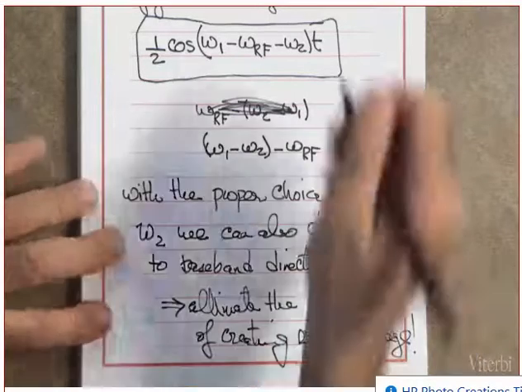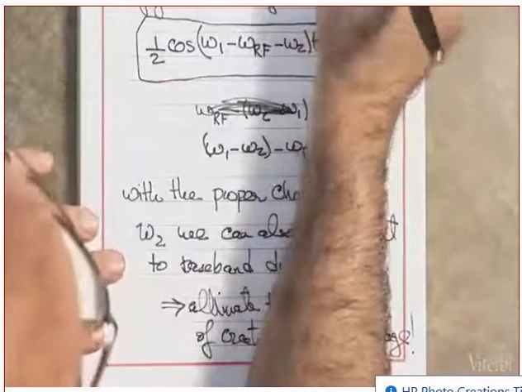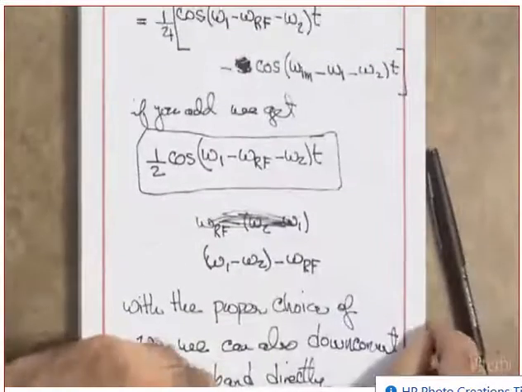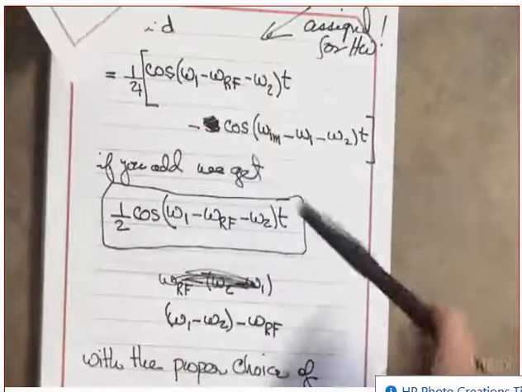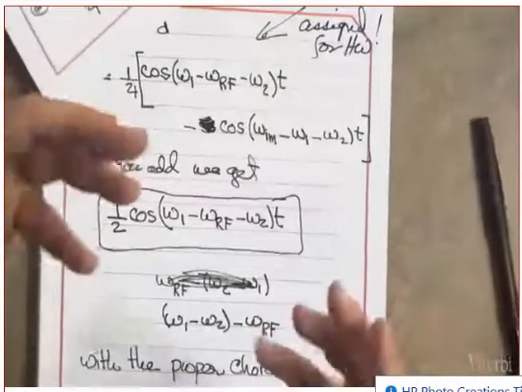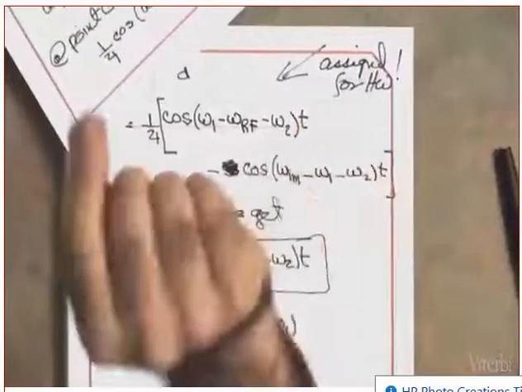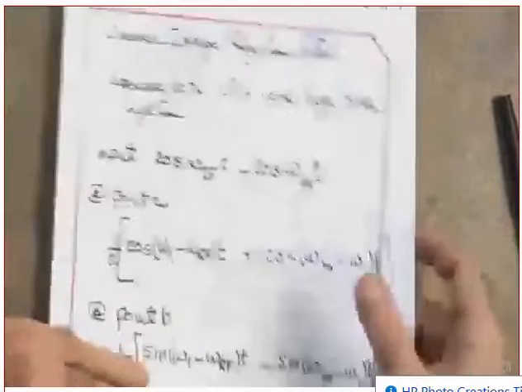Clear? This will be assigned as homework. I don't want to get into the trigonometry stuff. It's straightforward, by the way. Don't assume this is hard. It is straightforward, but you need to keep track of the trigonometry. You follow me or not? Clear? Okay, good. Let's continue.